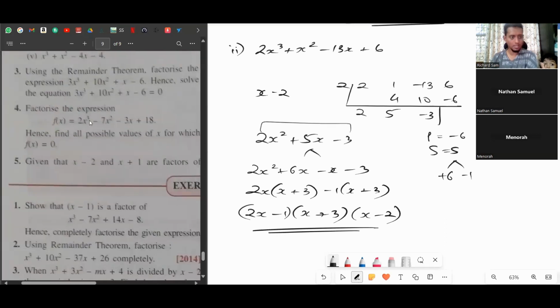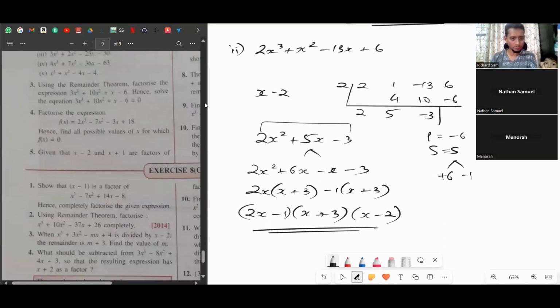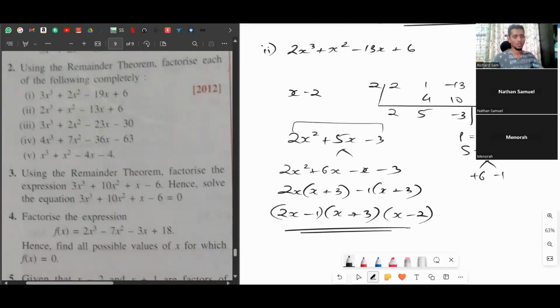Okay. Then third question. Did you see the third question? Using remainder theorem, factorize the expression. Hence, solve the equation, this whole thing equal to 0.